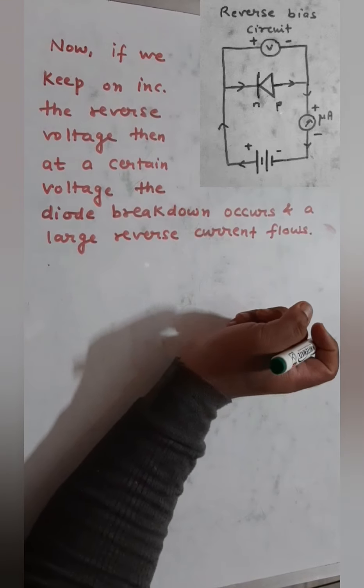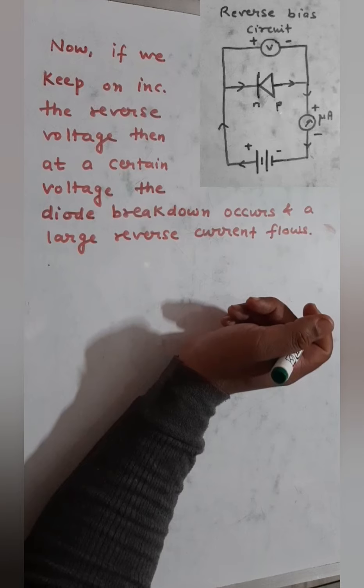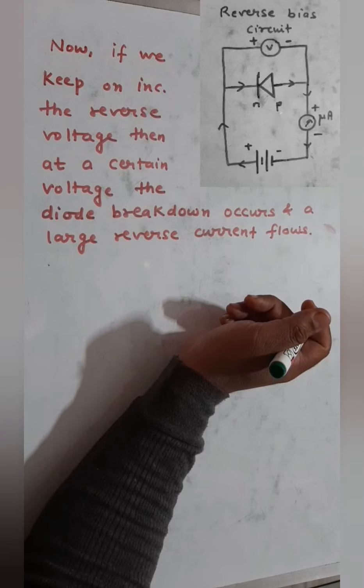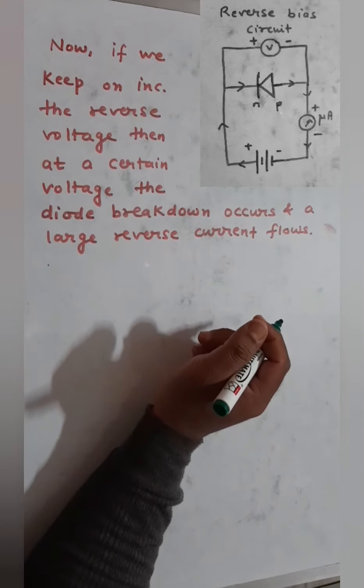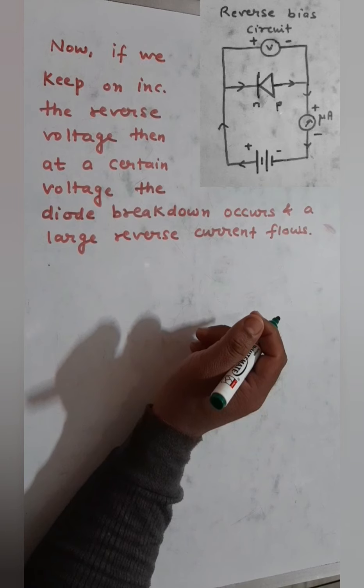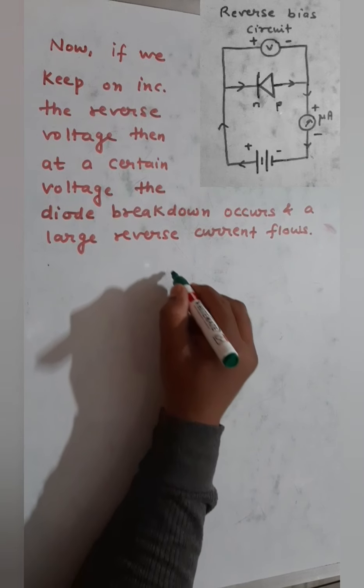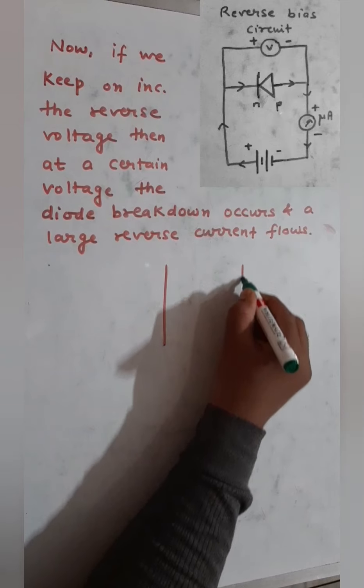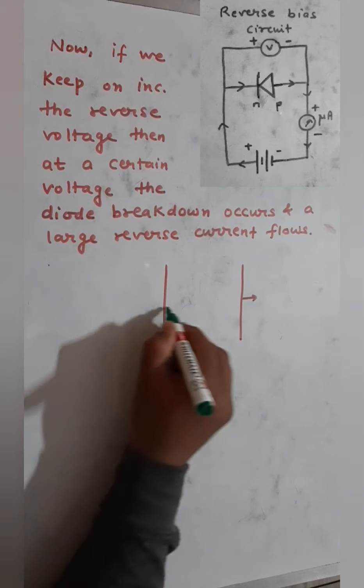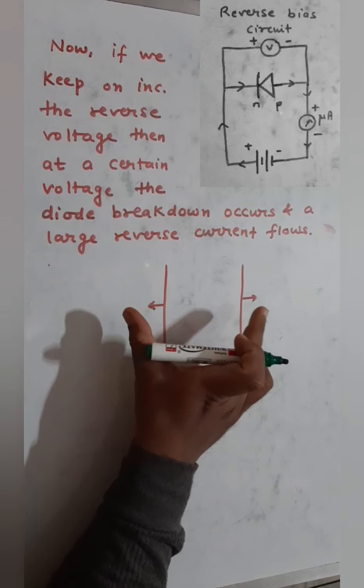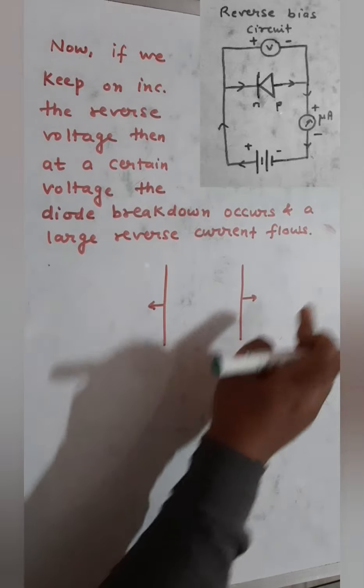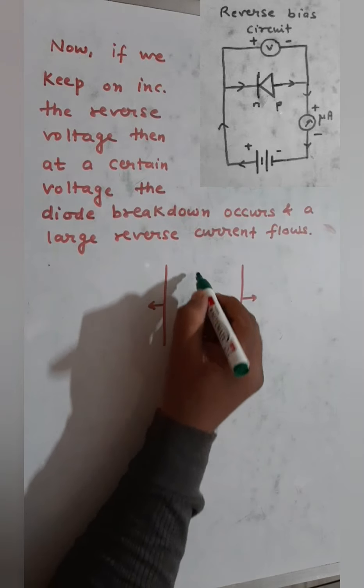Before proceeding further, first of all, what is breakdown? Technically, initially you were increasing the voltage, but there were no charge carriers available to flow. If you look carefully, the depletion region was increasing, and now the span of the depletion region has increased quite a lot and has covered the entire part of the diode.